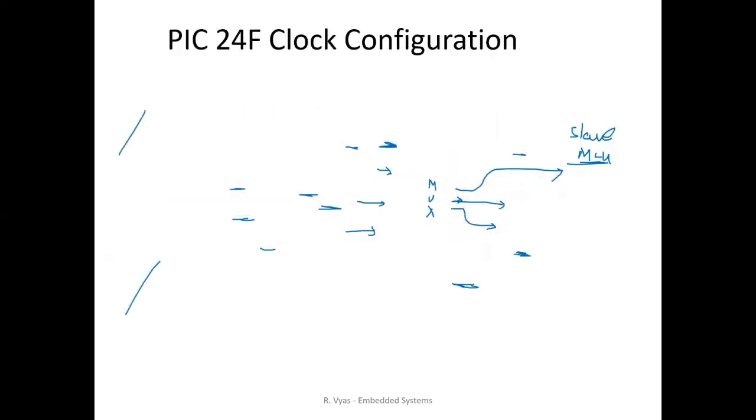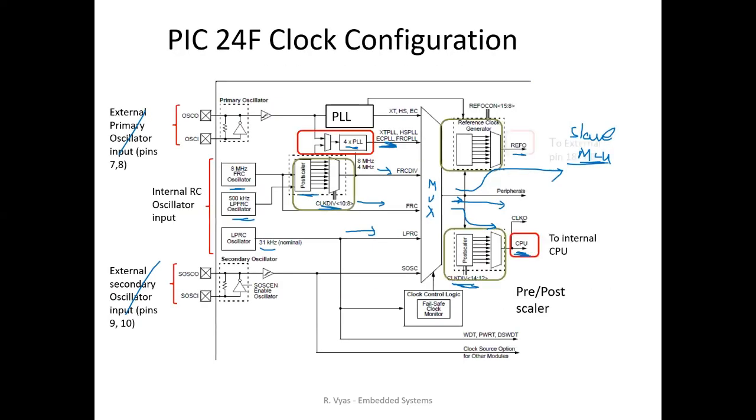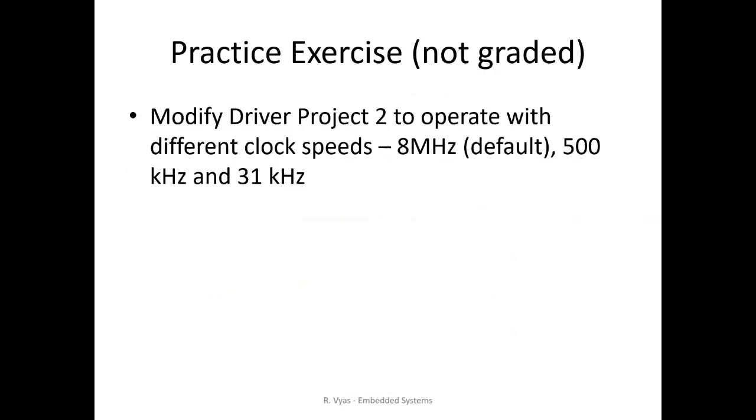For the next driver project, we haven't posted it yet, but you can start practicing it right now. We want you to modify driver project 2. If you remember, you're using while and for loops. You have to implement the LED blinking at half a second, 1 second, and then 3 seconds.